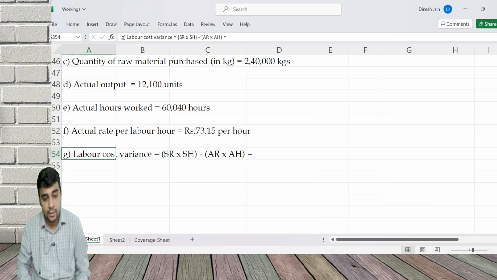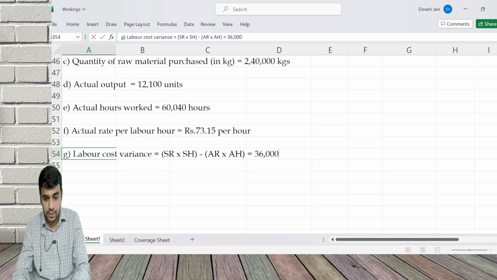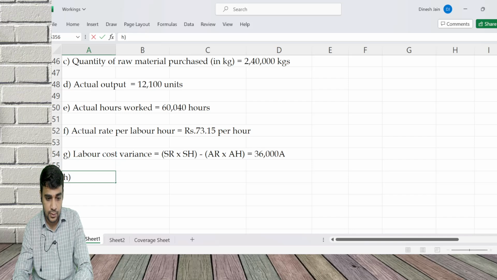Thirty. Favorable, adverse? Adverse was the last one. Sorry, which variance have they asked? Production overhead cost variance.